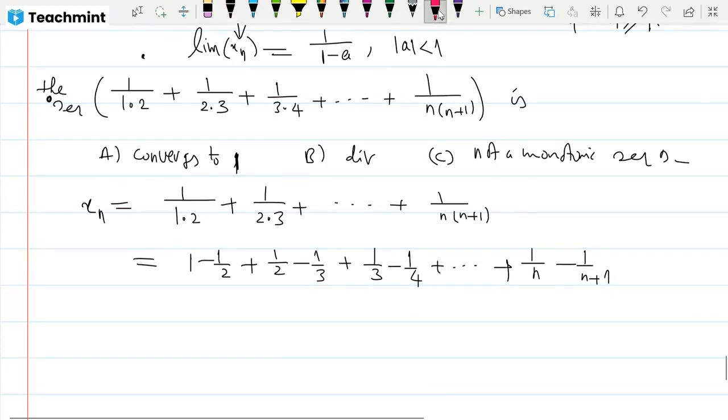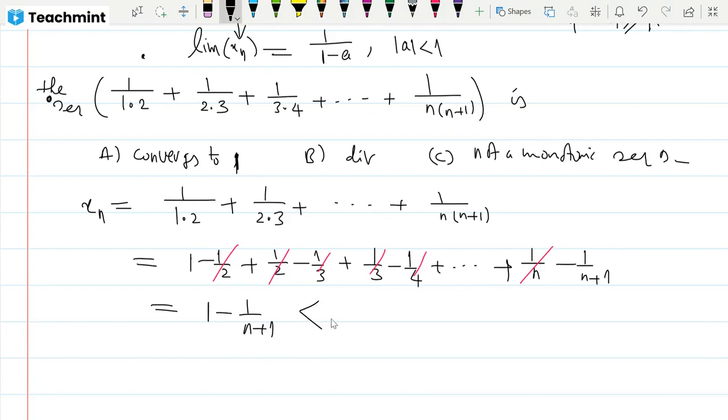This is called a telescoping sum. All these cancel, so therefore we are left with 1 minus 1 by n plus 1. So this is always less than 1 for all n belonging to N.